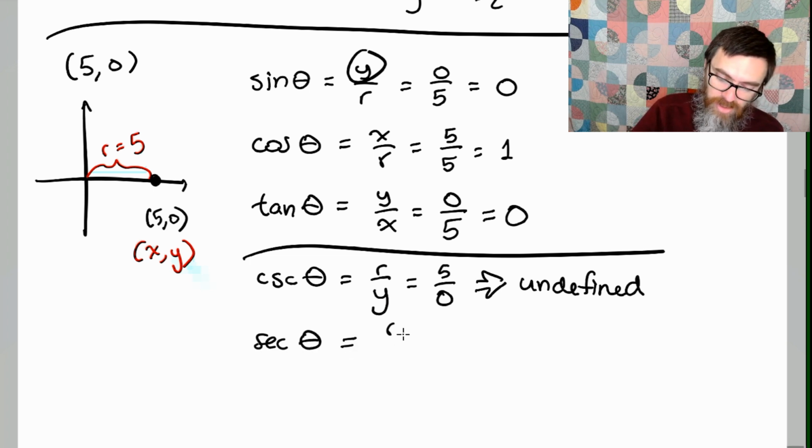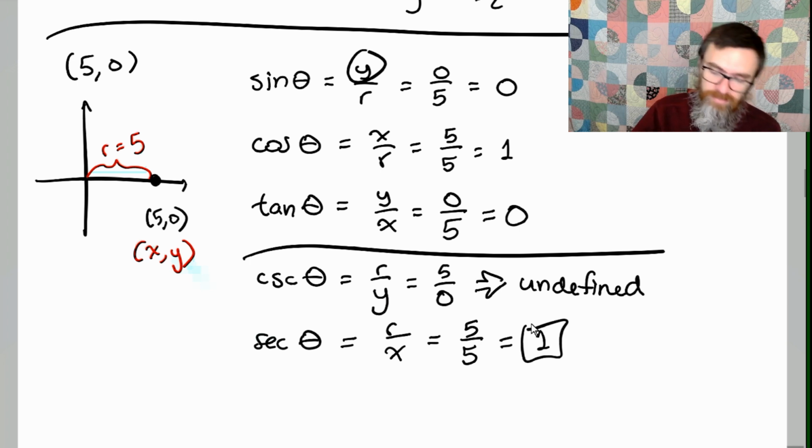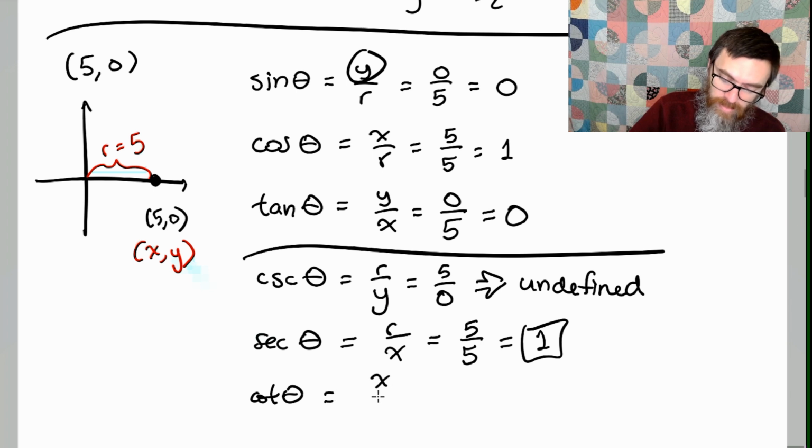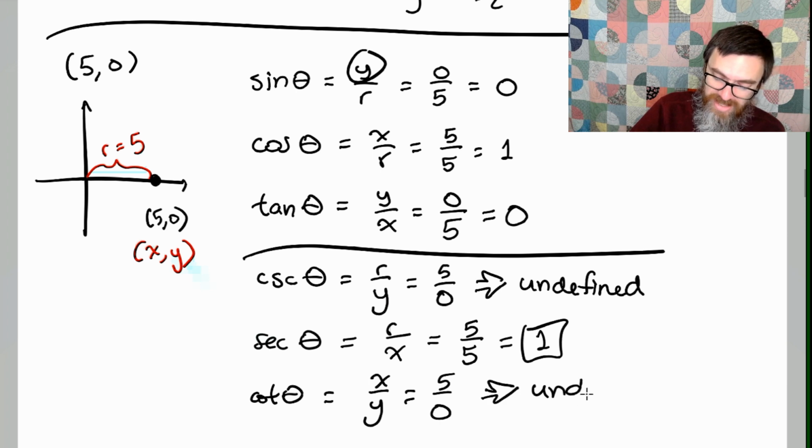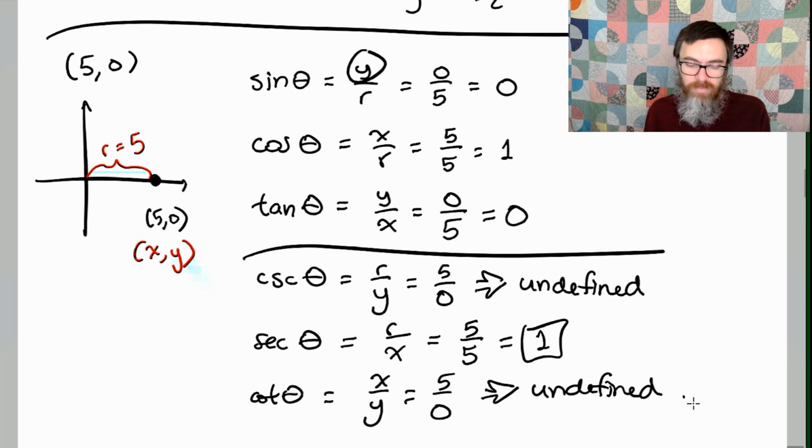Secant is supposed to be r over x. And so if you turn 1 upside down, you still just get 1. And then finally for cotangent, x over y is 5 over 0, which again will be an undefined expression.